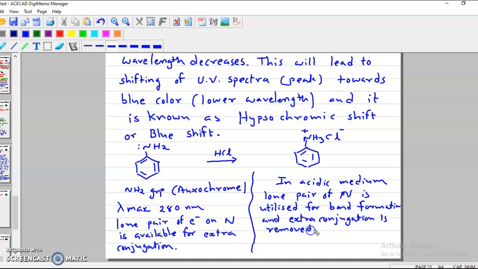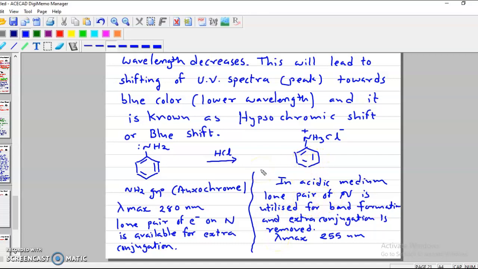Therefore, lambda maxima will shift towards lower wavelength, and it is like benzene only. So the lambda maxima is about 250 nanometer, that is of benzene. This is the example of hypsochromic shift.